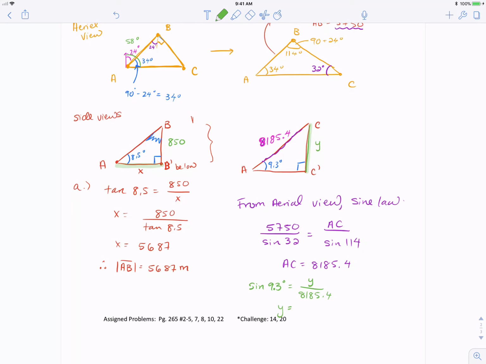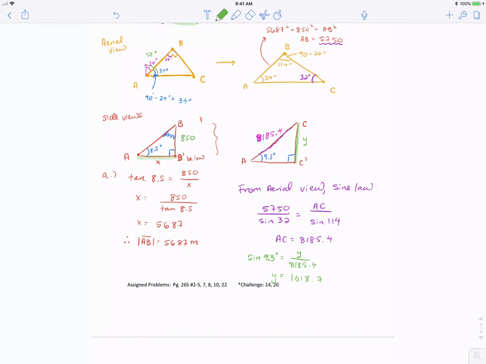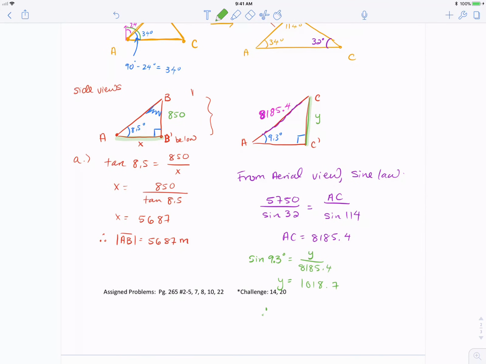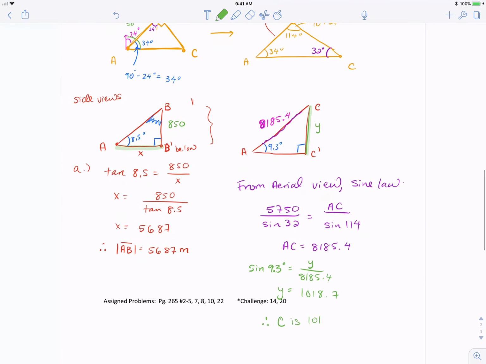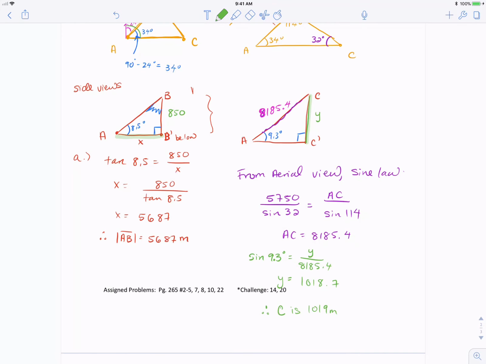And if I solve for this, again, just taking my calculator, 8185.4 times the sine of 9.3, I should get just over 1,000, 1,018.7. And I'm finally done with the question. Therefore, C is, I think it asked to the nearest meter, 1,019 meters above A.